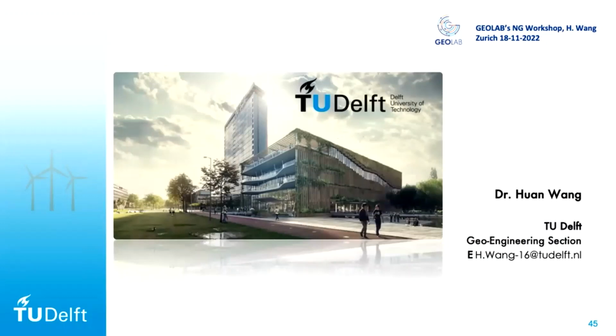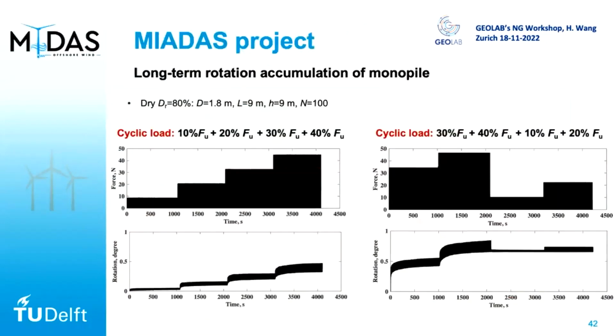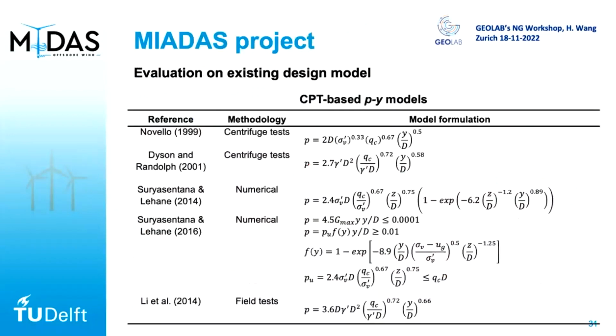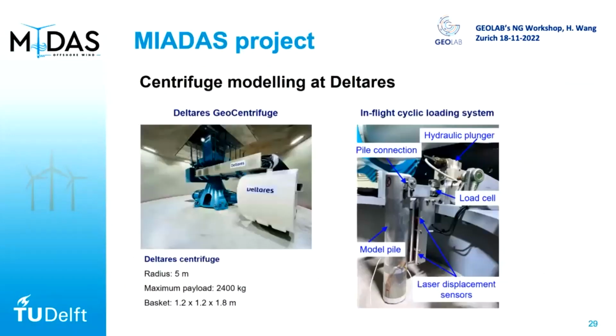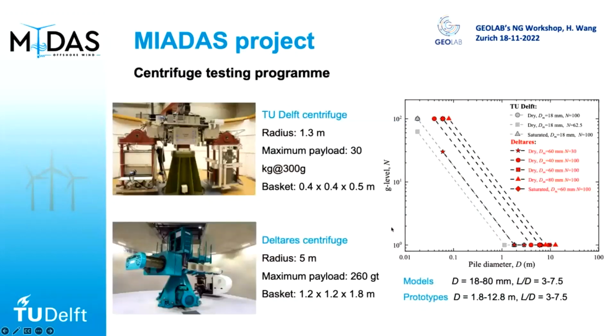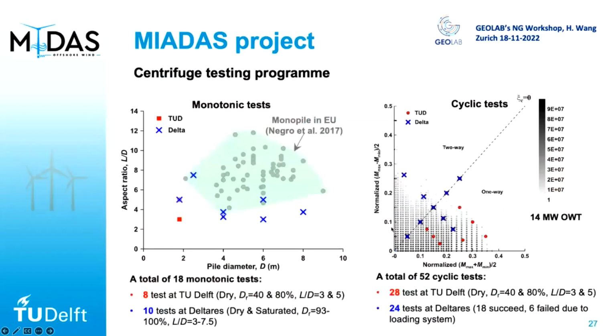Thank you very much for the presentation. Could you please go to slide 28? Maybe it's one before that. It's a photo of your model monopiles, I think, when they were installed in the centrifuge. This one? No, the monopile, when they were installed in the model.